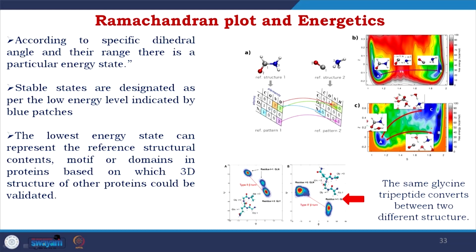Also, see the story of the glycines here: it is the same glycine tripeptide and they convert between two different forms by rotation, giving two conformers, and hence they are positioned on different parts of the energy state in the Ramachandran plot.